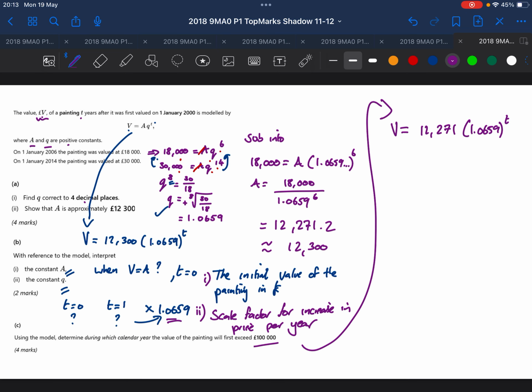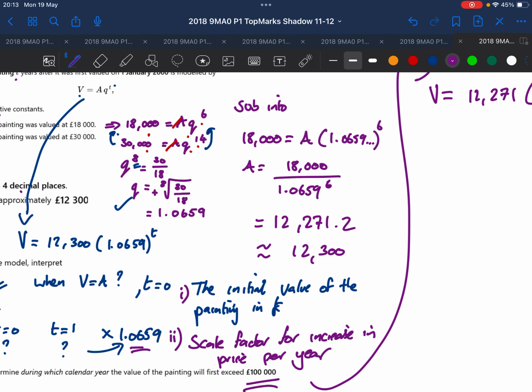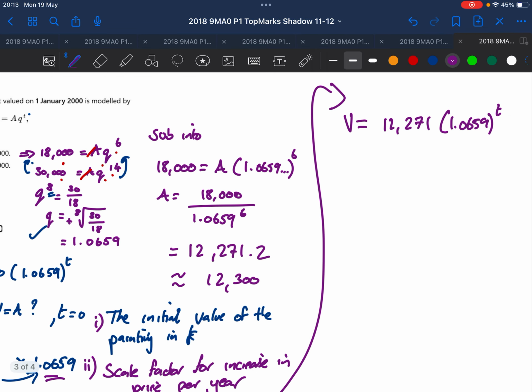Well, this is a statement about the value. So I would make the value 100,000. The inequality, you can do the inequality if you like, but you know that the price is increasing over time. So we could just find the number, and then we could say it's that year. Okay, so inequalities, you don't always have to necessarily write them. You can just use an equation sign, and you can reason your way through it.